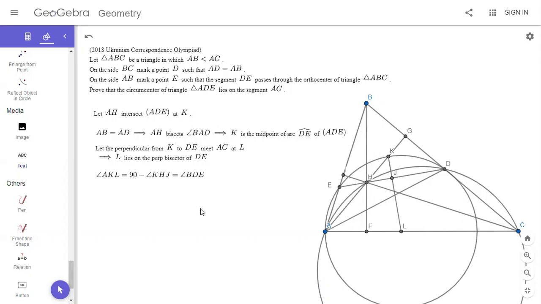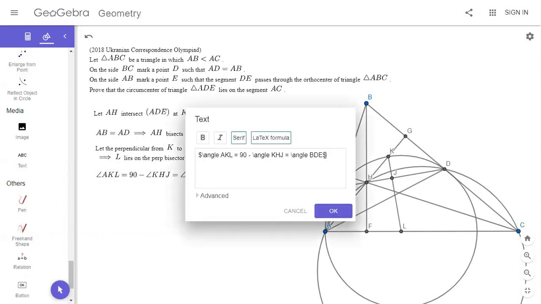So BDE is equal to HBC, and that is equal to angle FBC, which is equal to angle LCA, or LAK.